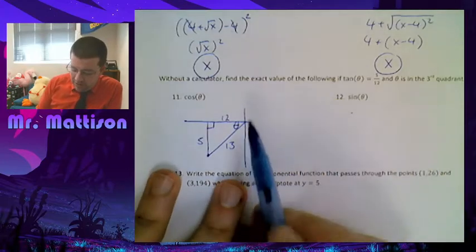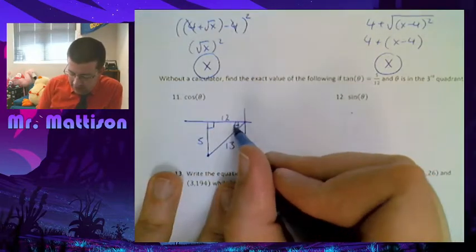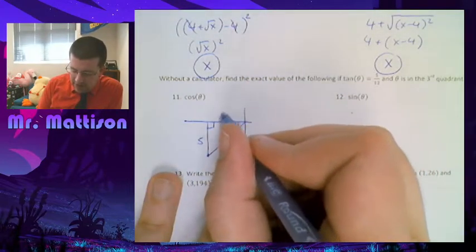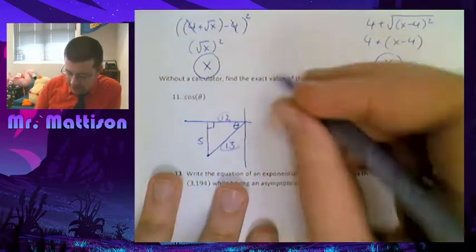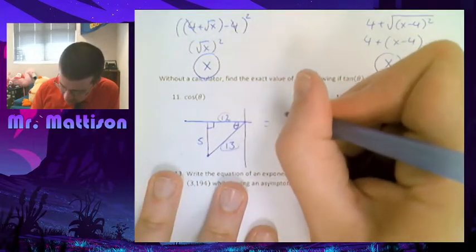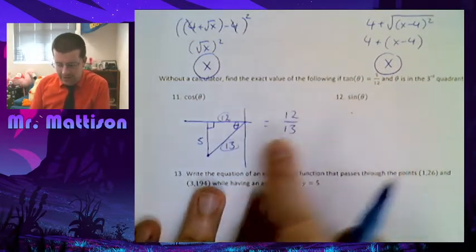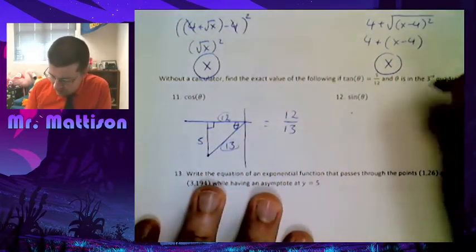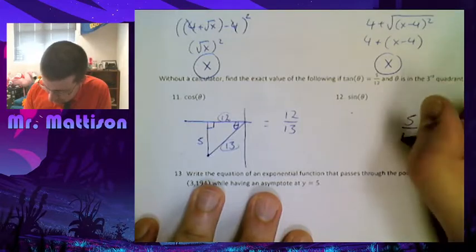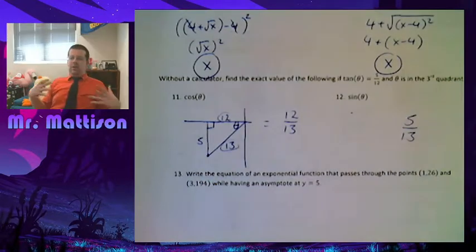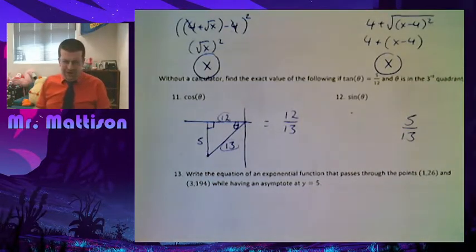Once we're there, my cosine of the angle is the ratio of adjacent over hypotenuse. So cosine is going to be 12 over 13. And our sine is opposite over hypotenuse, so 5 over 13.